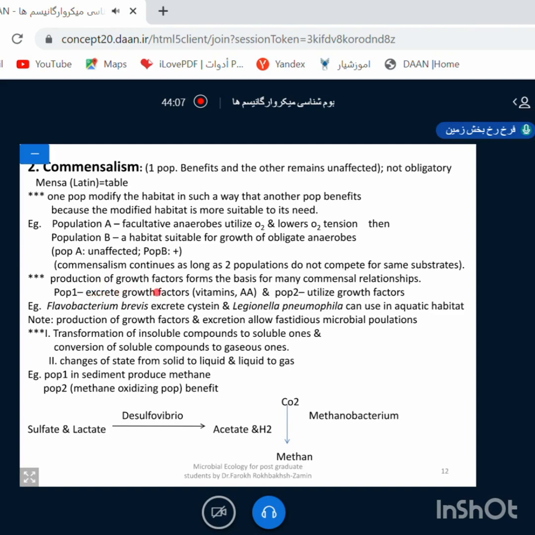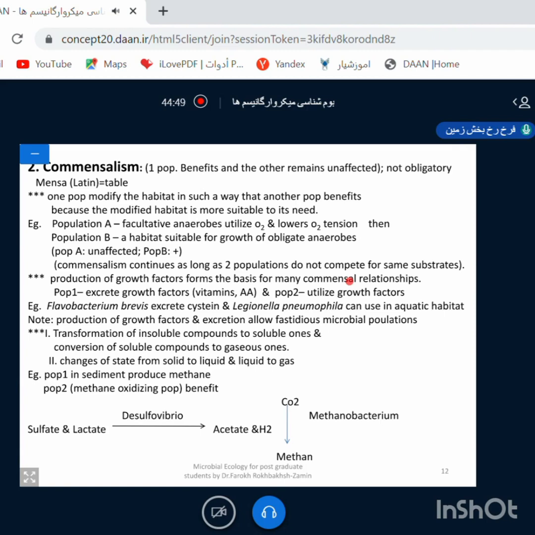Production of growth factors forms the basis for many commensal relationships. See, when you are working in the lab, sometimes you can prepare simple media for growth of bacteria, for example, nutrient broth or nutrient agar. But sometimes the bacteria you are working with need enriched media like blood agar, chocolate agar, serum agar.